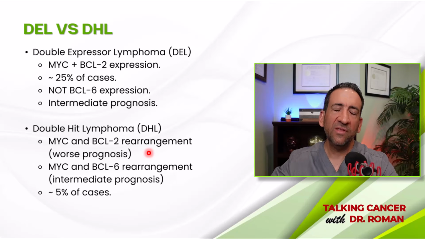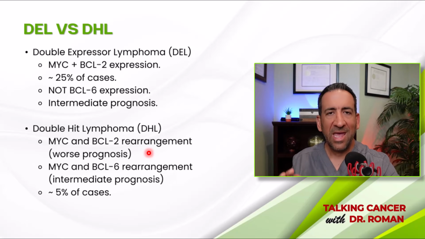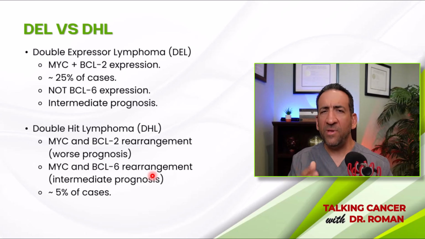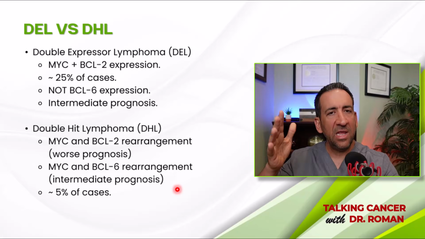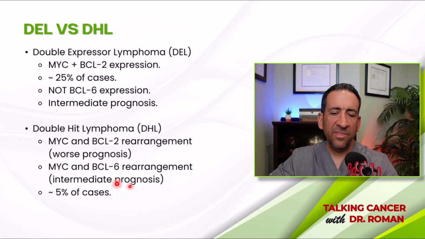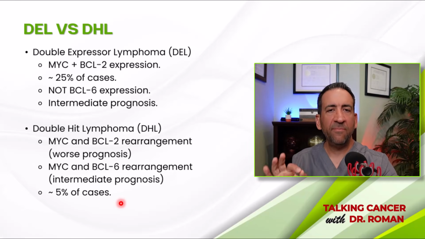This is not good. This is what we call a double hit lymphoma. Now, the other one is a MYC rearrangement and a BCL6 rearrangement. Now, you already know BCL6 is not as bad as BCL2. So if you have rearrangements of both of these, then you are said to have an intermediate prognosis. And these are both seen in about 5% of cases.